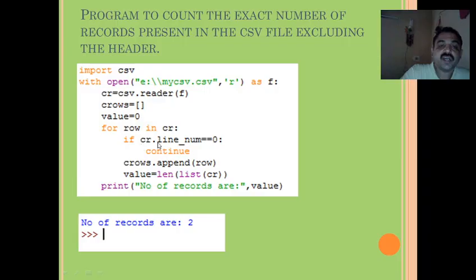If cr.line_num equal to 0, line number equal to 0 will tell you whether the line number is 0. If it is 0, then you don't have to count it. So that's why we just write continue. In all other cases, the row is appended to c rows.